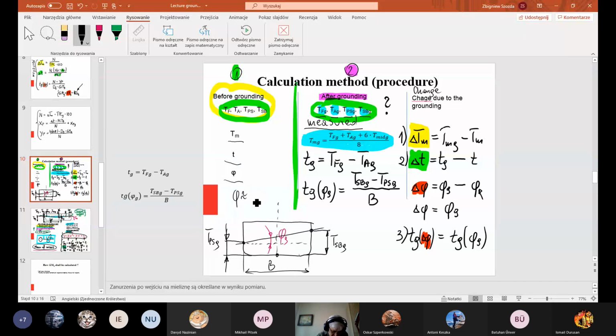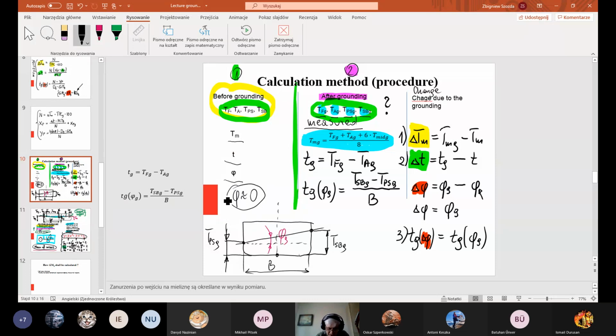Usually phi is almost 0, the angle of heel of the freely floating vessel in the voyage should be close to 0. But okay, I put here letter phi, it might be a non-zero value. To sum up, set number 1: mean draft, trim and angle of heel before grounding.